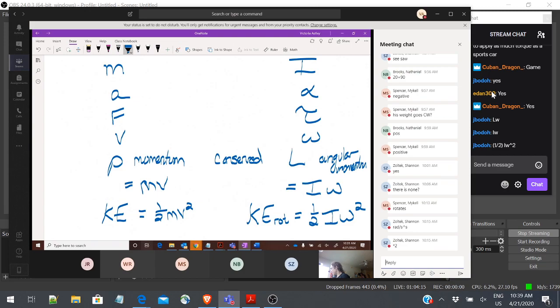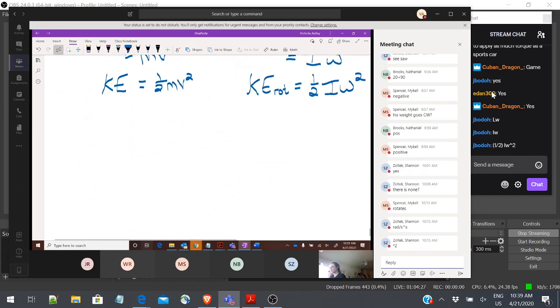So there is a great problem that you see a lot, which is something like you have a string that's attached to a weight and it's wrapped around a pulley that has mass.